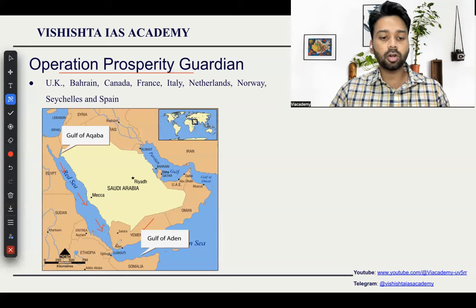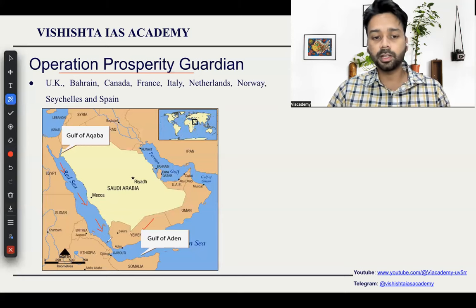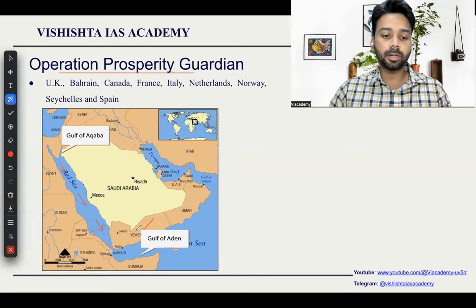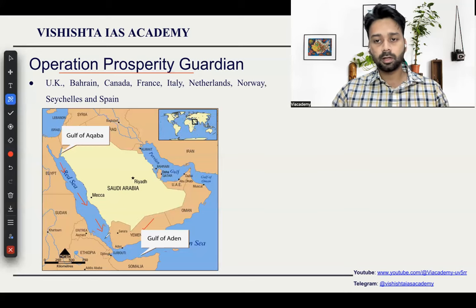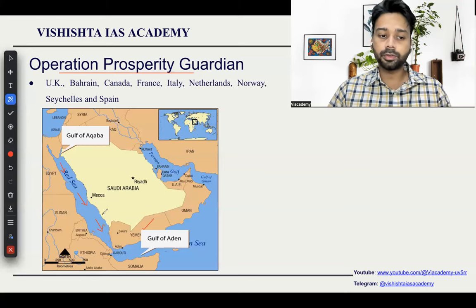If you see, the Red Sea's geography is located like this. It is very close to Yemen, and it is a very narrow strip. So whichever power is in control in Ethiopia, Eritrea, Yemen can have a hold on the trade.